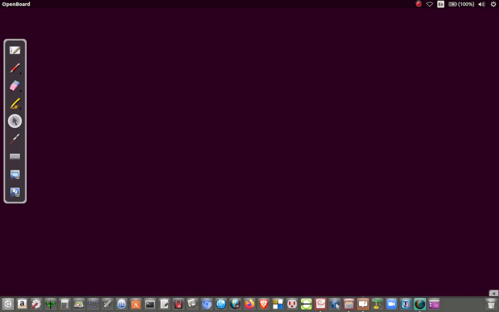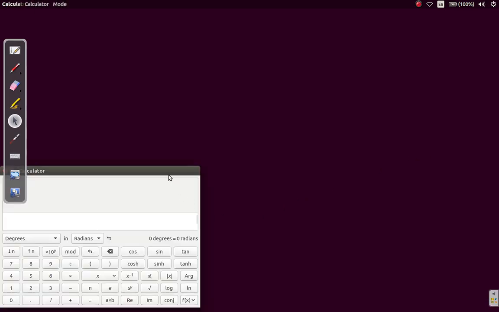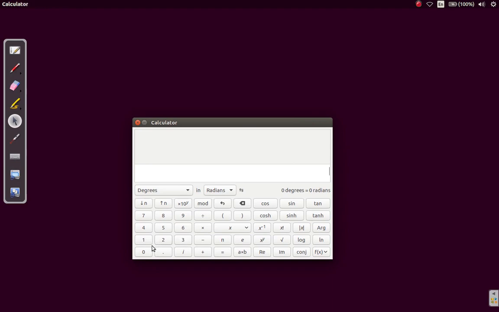Let's start with 1 raised to the power of 0. My calculator has the x to the y button, but on the screen it shows 1 and the caret. To the 0, equals, I get 1.